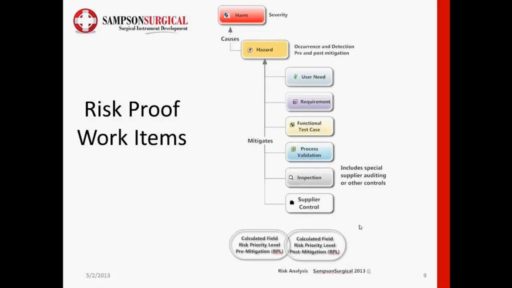So the ideal way for us to do this is to look at devices in the field that are typical or something close to the device that we're in development on. Perhaps you even have a device that the company makes, and this is just an add-on. What you do is you identify the harms that device can have and the occurrence in the field, and use that as your initial harms list.